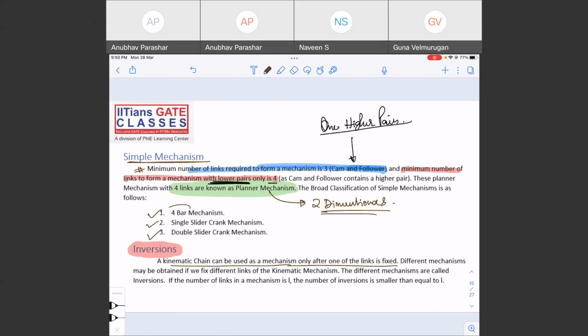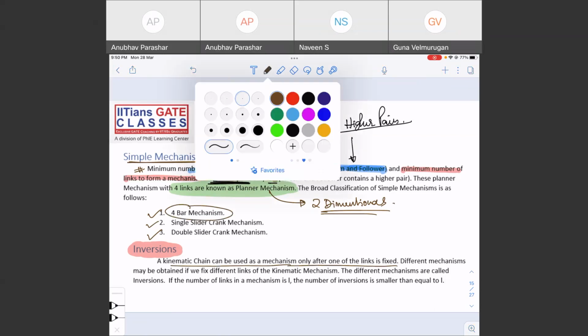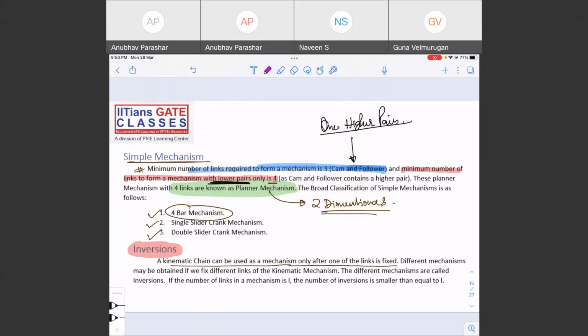Now, in a 4-bar mechanism, as the name suggests, how many links will be there? There are 4 links. So which link to fix? The thing is, if you fix different links, you may obtain different mechanisms, and these different mechanisms are called inversions of each other.